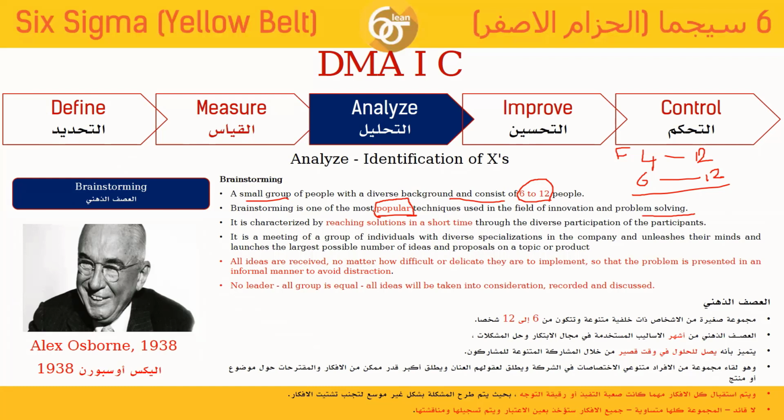But some people are doing brainstorming but don't know that what they are doing is brainstorming or something else. It is characterized by reaching the solution in short time through the diversity of the audience.